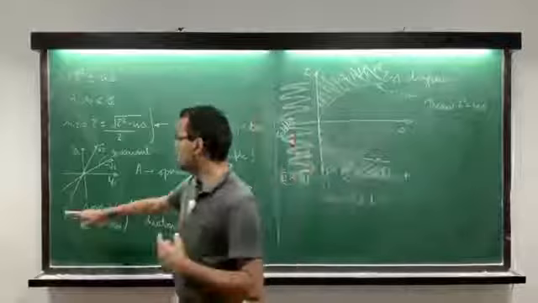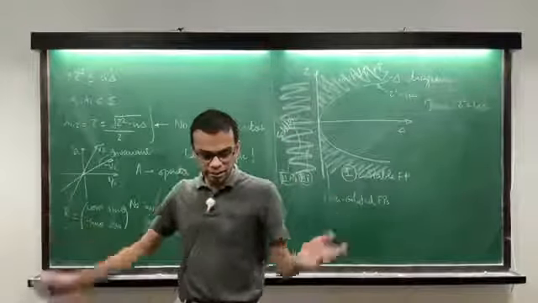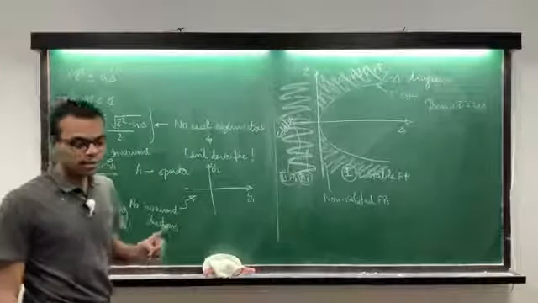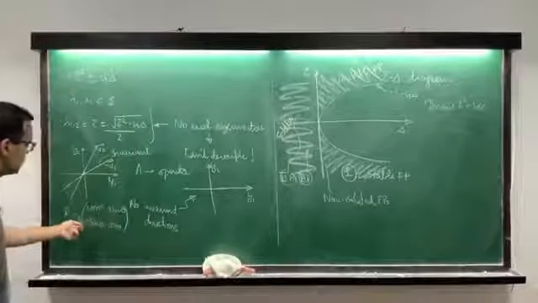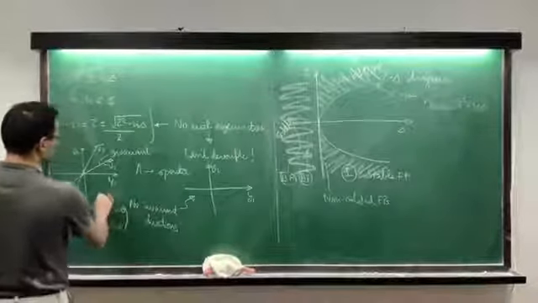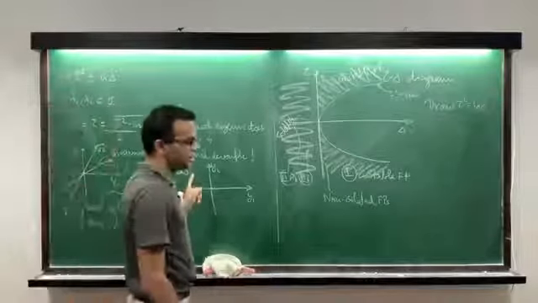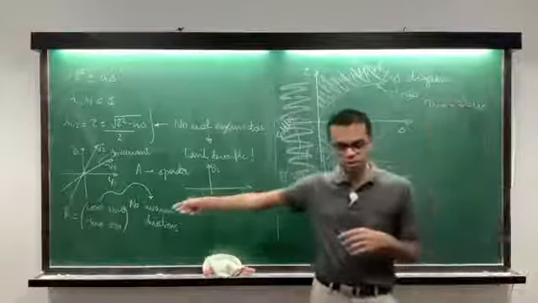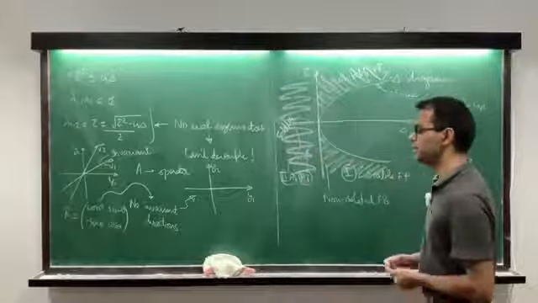If you apply this R to any vector, it will rotate it by an angle theta. There is no vector in the plane to which if you apply R, you will get the same direction back. It's always going to rotate it. So the rotation matrix is an example that has no invariant directions. And this is exactly what happens when you have complex eigenvalues. In the rotation matrix also you can work out the eigenvalues, you will get complex numbers: cos theta plus i sin theta and cos theta minus i sin theta, e to the power i theta.